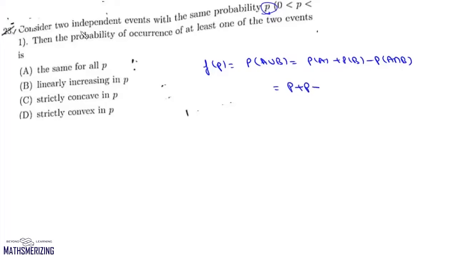Now since these two events are independent, we know that P(A intersection B) is P(A) into P(B), so it will be simply P square. So this probability will be 2P minus P square, which is nothing but a parabola opening downwards, which is always concave down. So it is strictly concave in P, and that's your option number C.